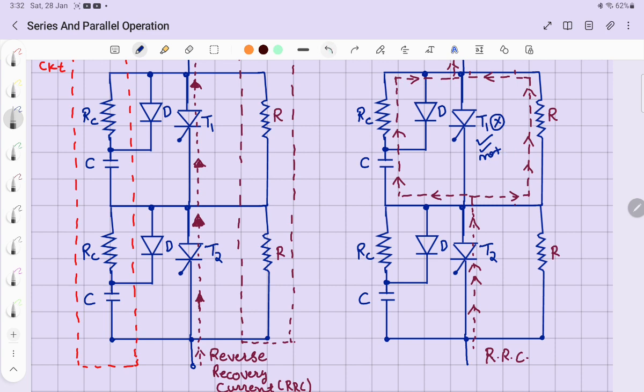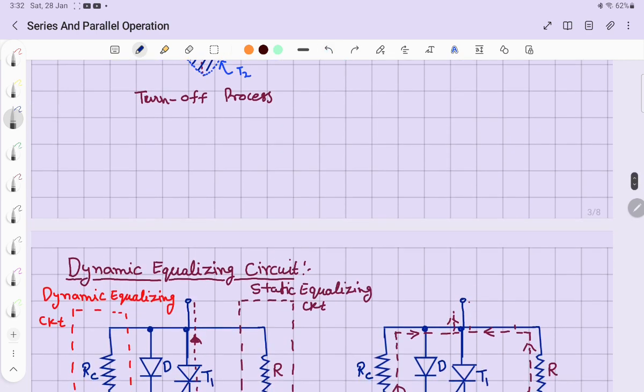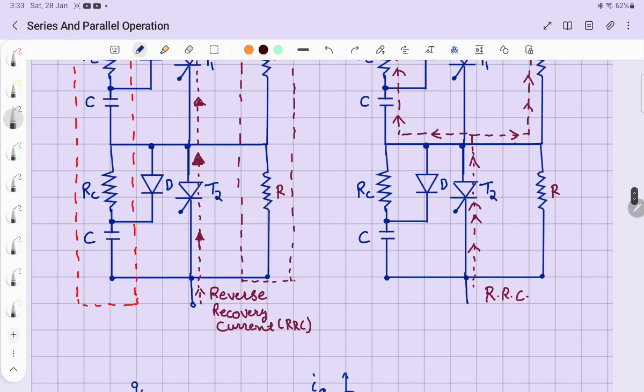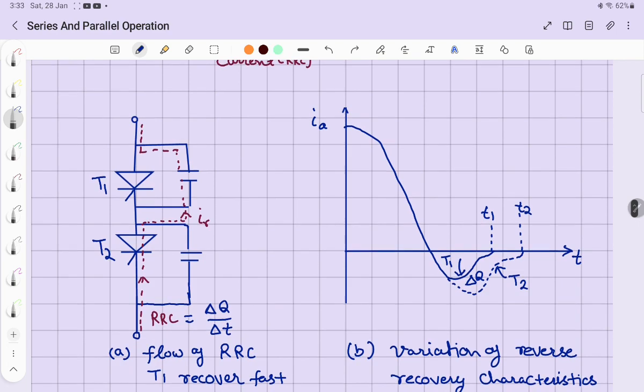So once it is not allowed, the current will flow through the RC, through this path, as well as through this path, where this resistor is for the static equalization circuit. Whereas thyristor 2 or SCR2 continues to conduct along this thyristor from cathode to anode, right?